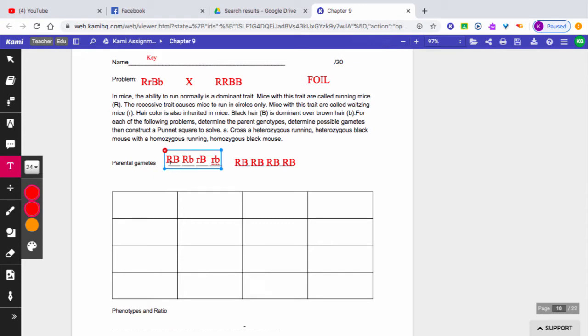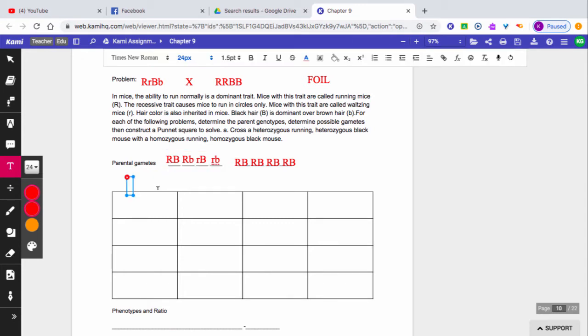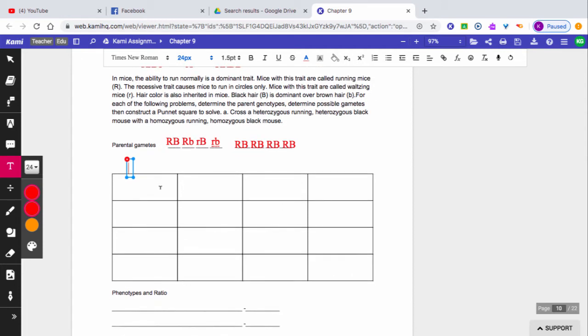All right, so what we're going to do is go ahead and put them, it doesn't matter which you put where. So, let me see how I want to do this. Yeah, I'm just going to go ahead and put this first parent's gametes here. So you might have yours somewhere else. You might have them onto the side.